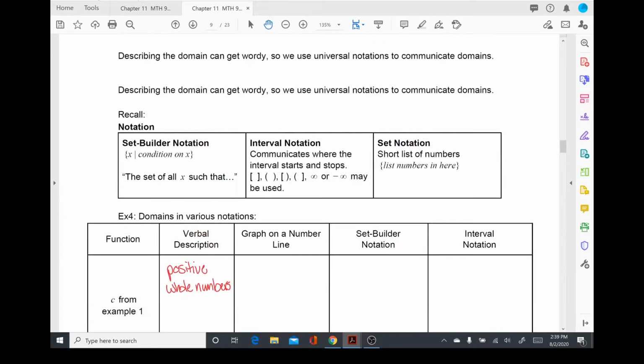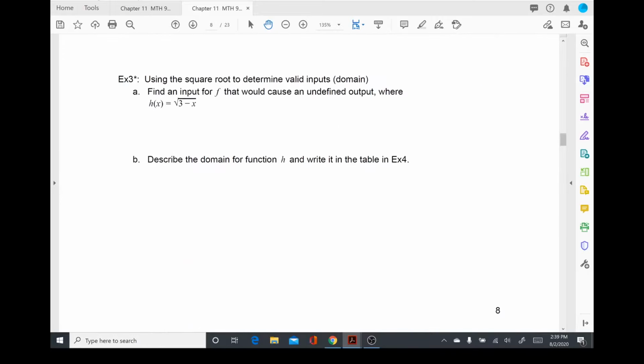All right, and last one, number 3. We have a square root symbol. Find and interpret an input that would cause an undefined output. So they just wanted one input. All right, so what input would cause a problem? And the problems occur in square roots when you end up with a negative.